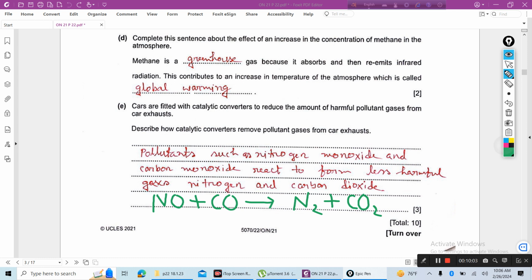Nitrogen monoxide and carbon monoxide are harmful. These two pollutant gases react to produce less harmful gases. Nitrogen is harmless and carbon dioxide is a less harmful gas compared to nitrogen monoxide and carbon monoxide.